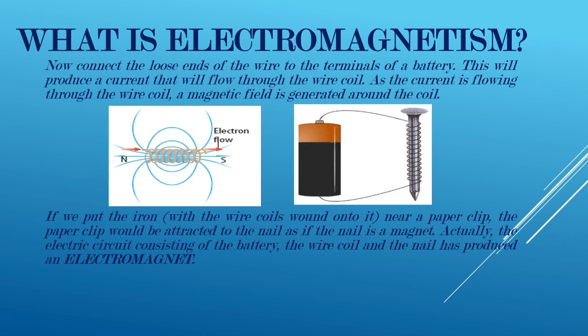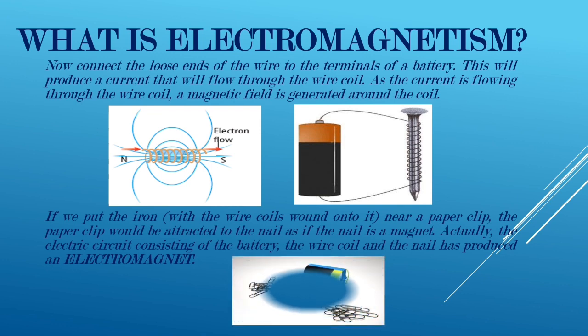Actually, the electric circuit consisting of the battery, the wire coil, and the iron or the nail has produced an electromagnet that is being shown in the illustration.